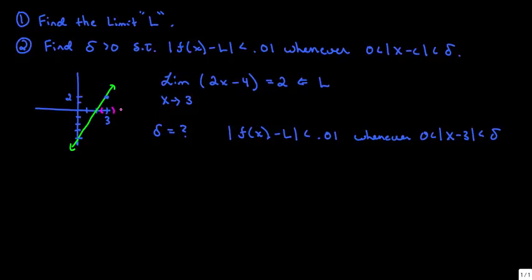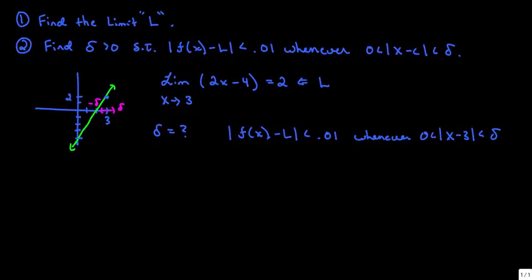So out in this direction, positive delta, in this direction, negative delta. That gives me this area here, or that length. I also make sure that it's greater than 0, because if it could be equal to 0, then x could actually be 3, and we don't know if the function is defined at 3. In fact, we don't care if it's defined at 3. We only care what it's doing around 3.